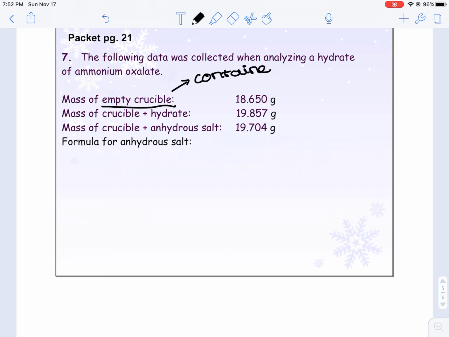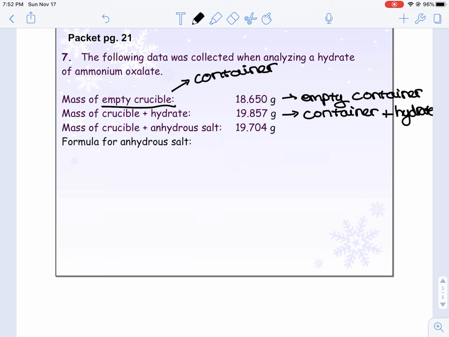Okay, so this first number is just the empty container that we're giving you, the mass of the empty container. The second number, we're giving you the mass of the container plus the hydrate, so the substance with the water.